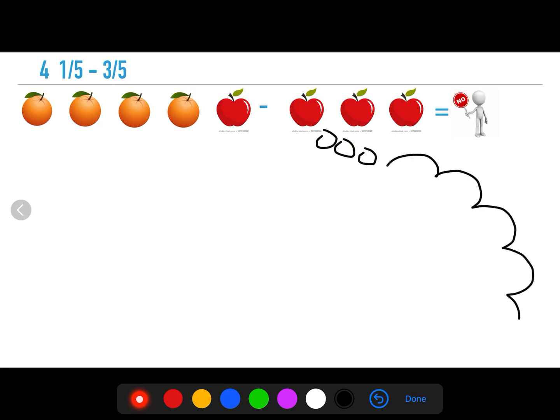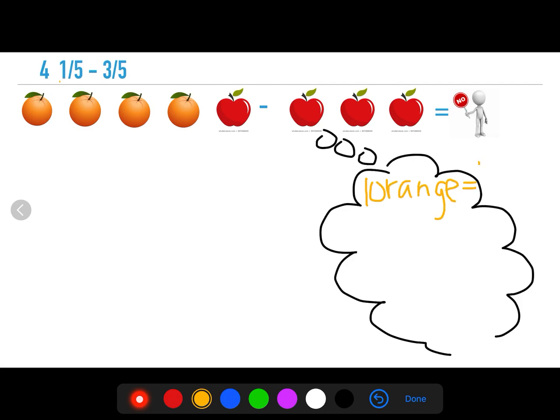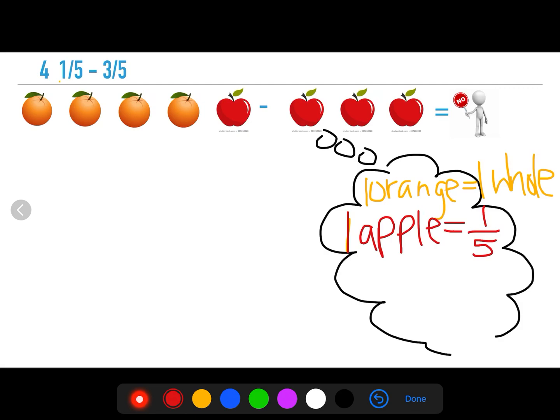Let's go ahead and jot down our notes on our side just so we don't forget what each of these pictures and what each of these numbers represent. So 1 orange equals 1 whole. And 1 apple equals 1/5, because I know from my equation I'm in fifths.